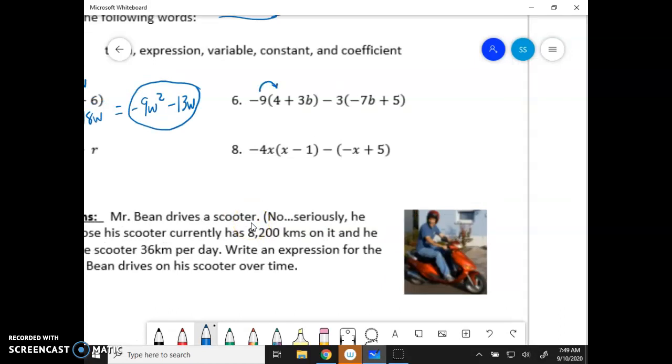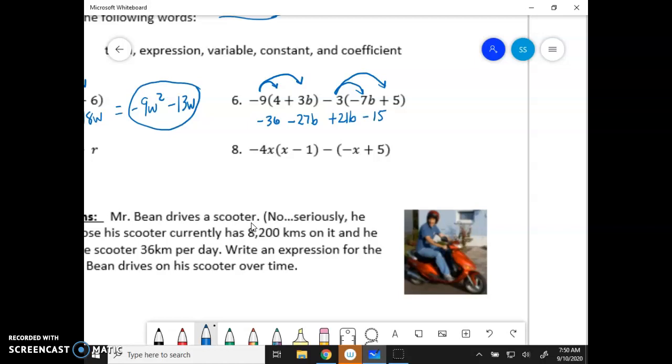All right, number 6, we need to just distribute both of these. We got negative 9 times 4 and negative 9 times 3b, so we get negative 36. Negative 9 times 3b is negative 27b, and distribute here, we get negative 3 times negative 7, which is going to be positive 21. Don't forget the b. Then do our second distribution, negative 3 times positive 5, which is negative 15.